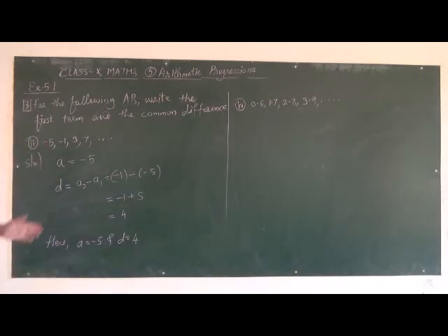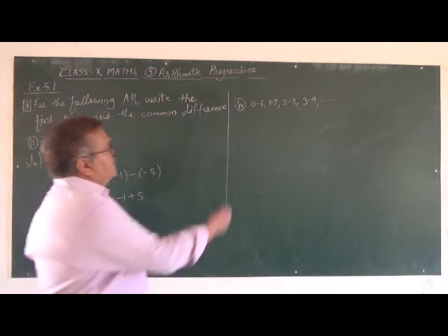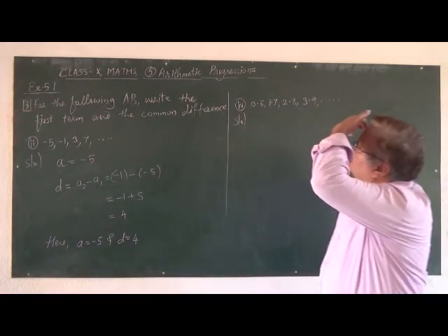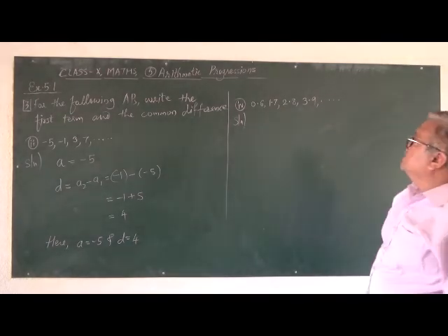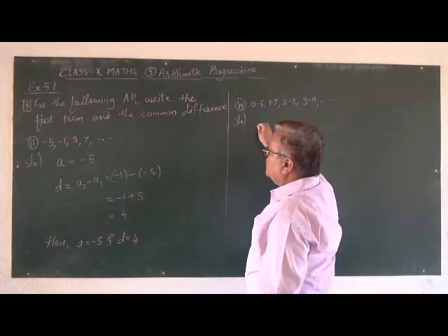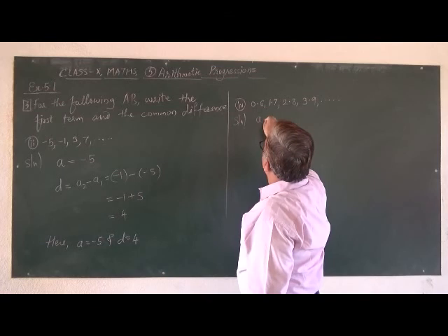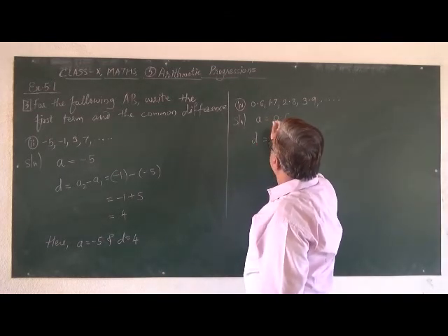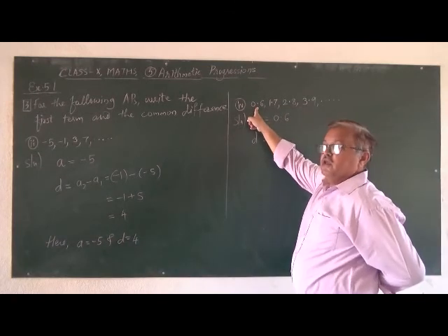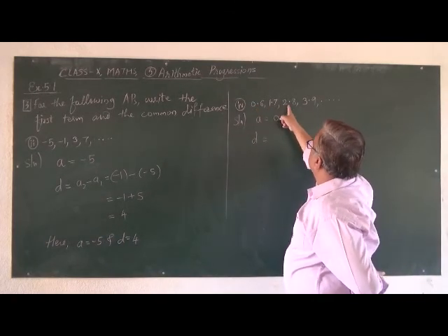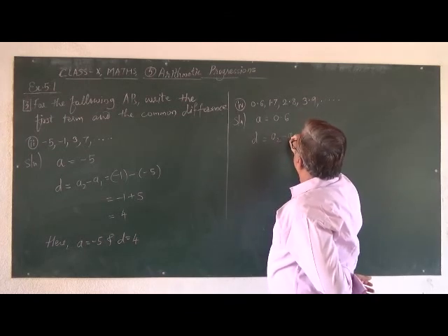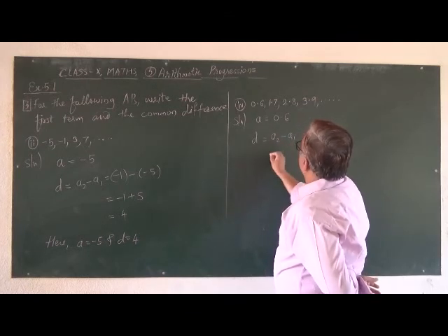Similarly, we will see one more example here. The fourth one: 0.6, 1.7, 2.8, 3.9. So A is 0.6. You want to calculate the common difference D. This is A1, A2, A3, A4. So D is A2 minus A1. What is A2?